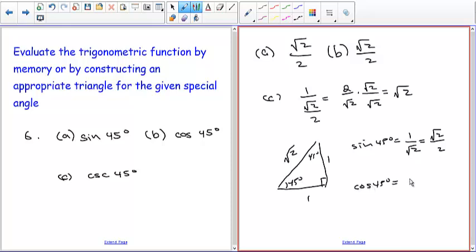You have the adjacent over the hypotenuse, which again can be converted to the square root of 2 over 2. And then the cosecant of 45, cosecant is hypotenuse over opposite, so you get square root of 2 over 1, which is the square root of 2.